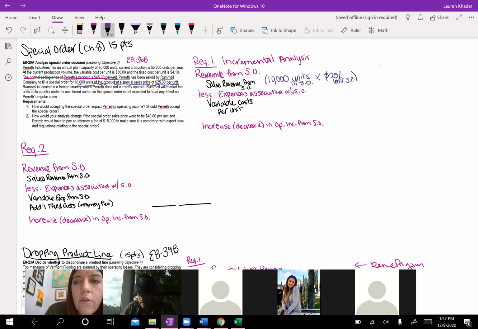And revenue from the special order is going to be $250,000. We're comparing that increase in revenue to our increase in cost.